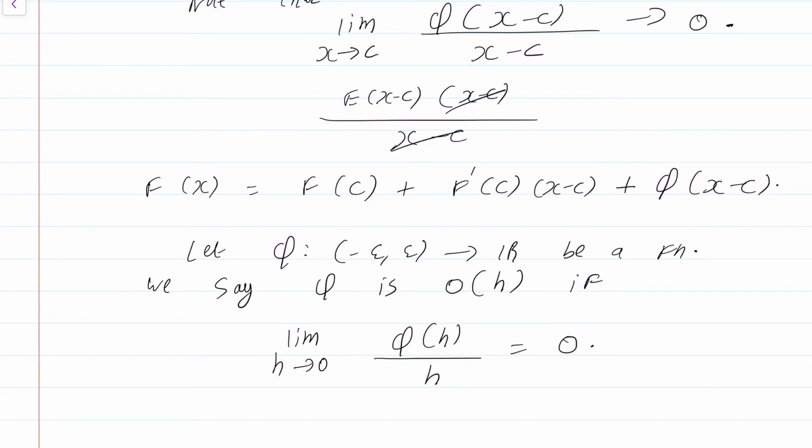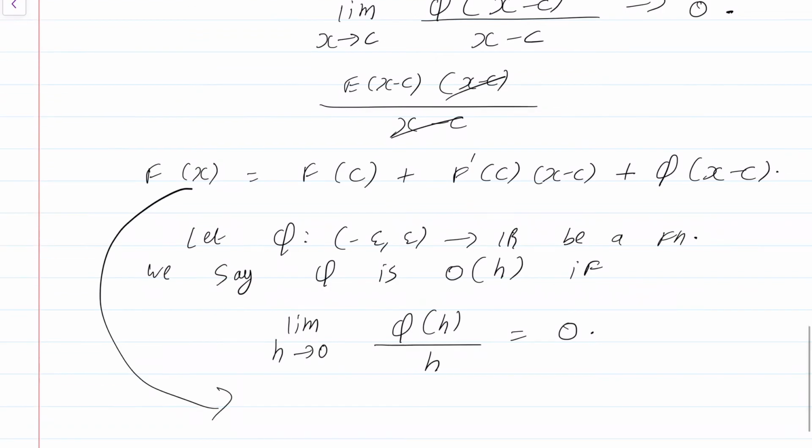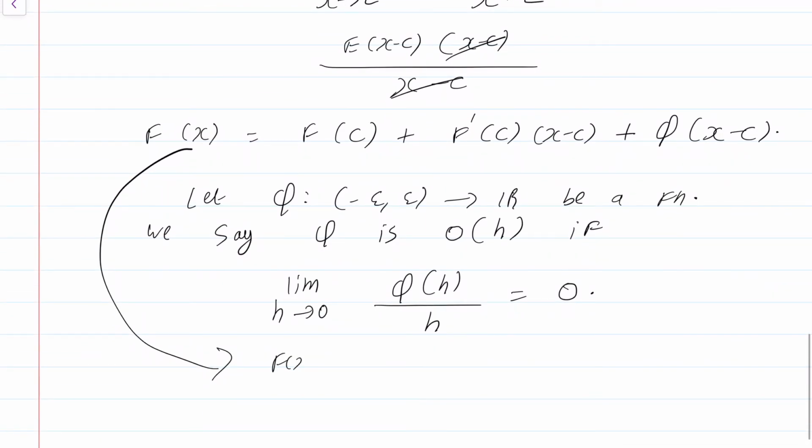Okay, so this little o notation, if you are a theoretical computer scientist familiar with computational complexity, is used extensively there. It sort of measures the growth of a function. So what this essentially says is that f of x equals f of c plus f prime of c into x minus c.